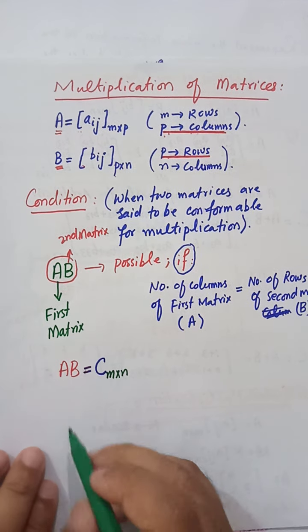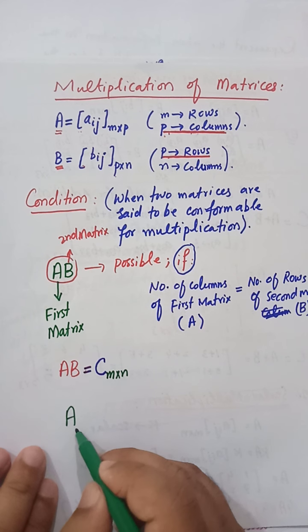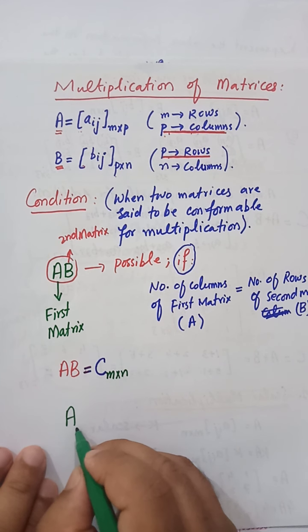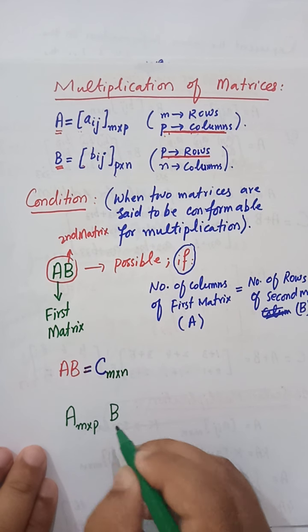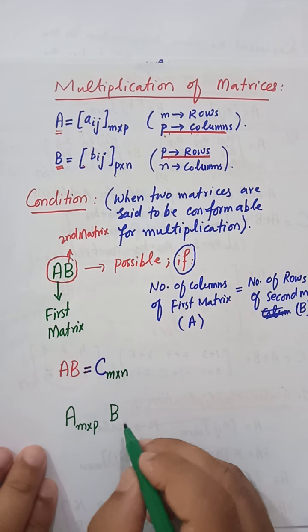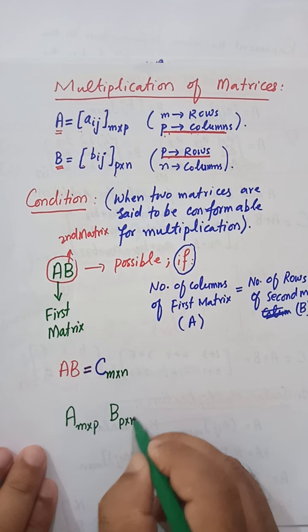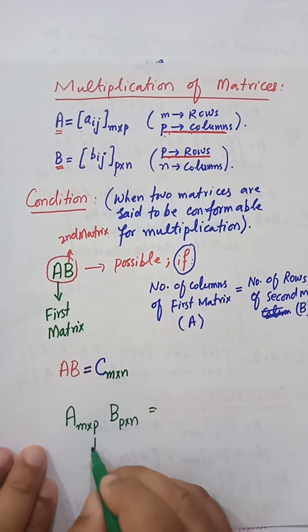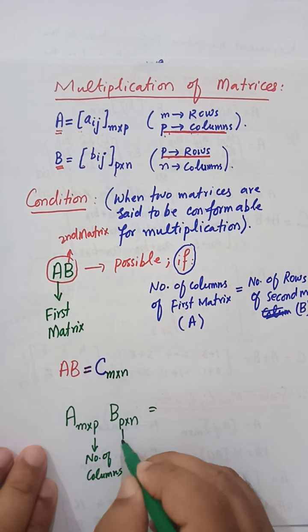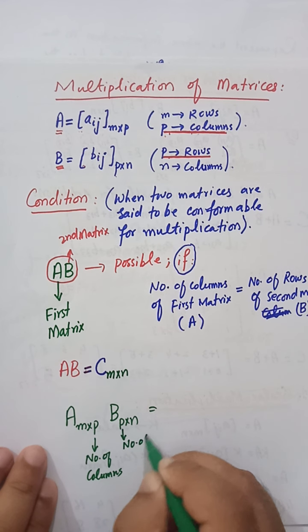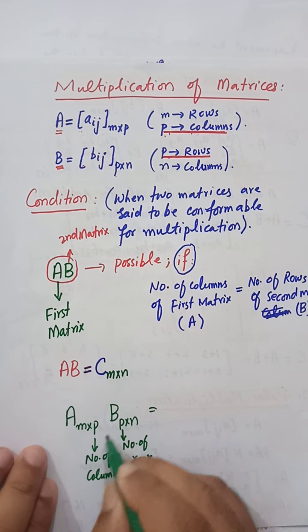So you see that the order of matrix A is m by p and the order of matrix B is p by n. So the product is possible because the number of columns in this matrix is equal to the number of rows in the second matrix.